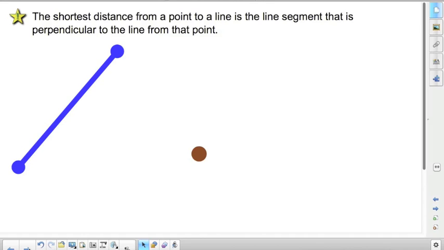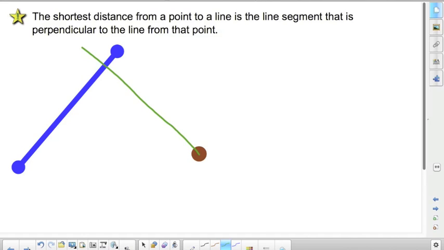So draw this little example that I have, a line and a point. Okay, so what we're saying is that if we can draw a line from the red dot to the blue line that crosses at a 90-degree angle, so I'll try my best, so let's say like that.